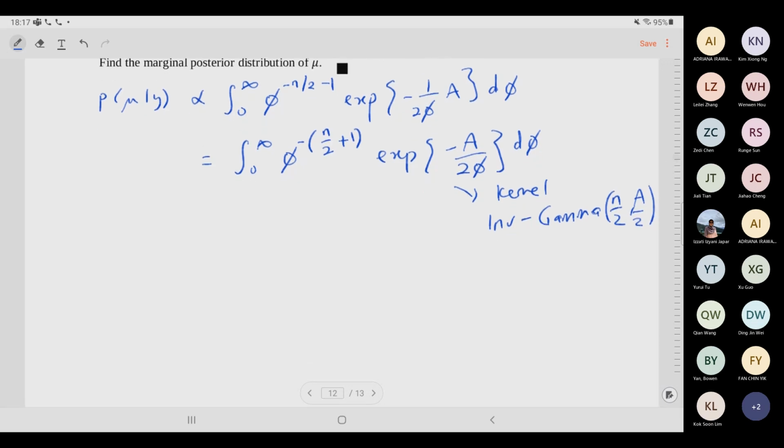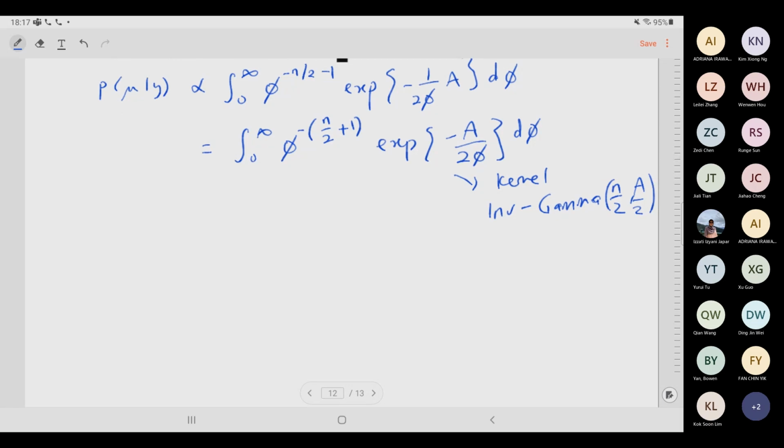To make this into a PDF, you have to remember to multiply with a constant, because this is only proportional. It does not integrate to 1 because it's not a full PDF, so you have to add in the constant to make it into a proper PDF.